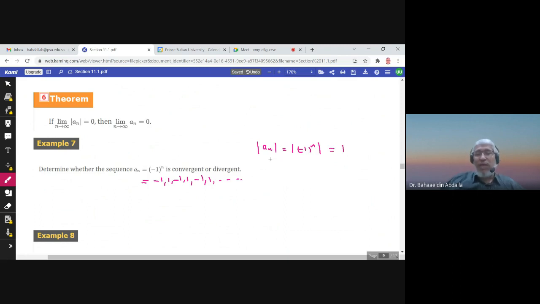So if I ask you what is the limit of the absolute value of a_n when n goes to infinity for this sequence, you will say 1. It is not 0. So you cannot apply the theorem if the limit is 1. You only apply the theorem if the limit of the absolute value of a_n is 0.